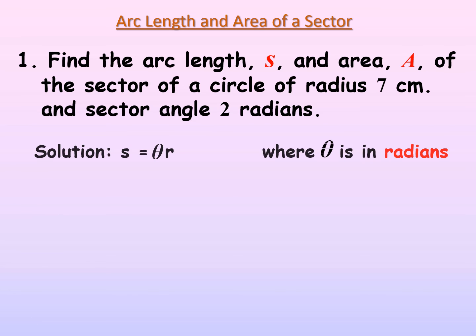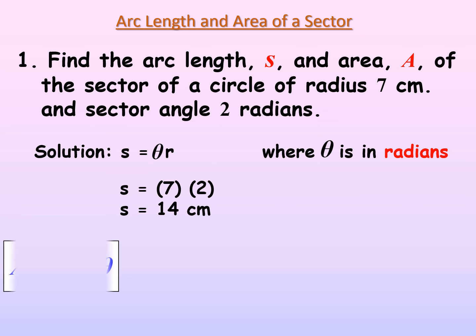So the first thing we need to do here is to solve for the arc length using the formula S equals theta times your radius. Substituting all the values, so we will be having 7 times 2. So S equals 14 centimeters. So the arc length equals 14 centimeters.